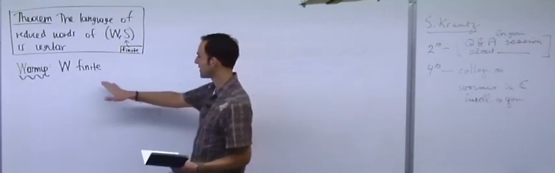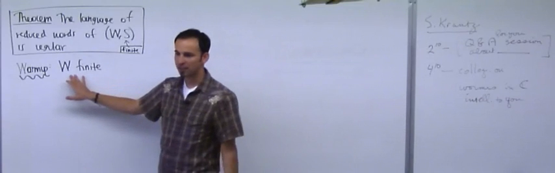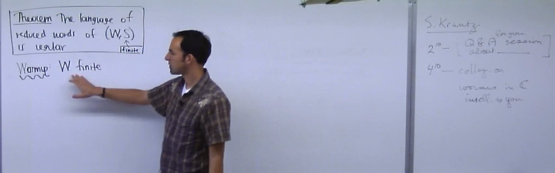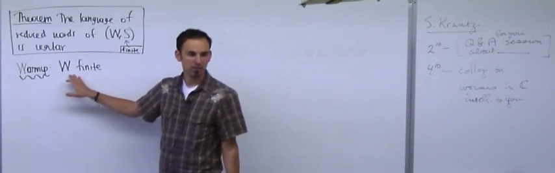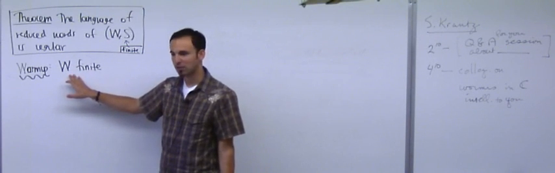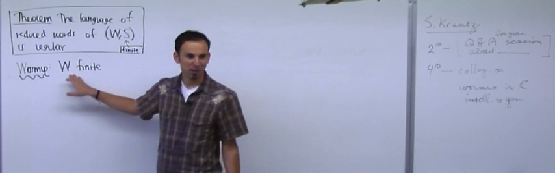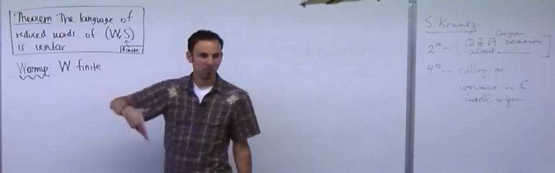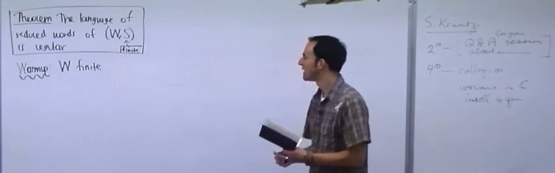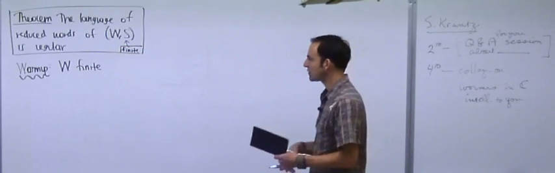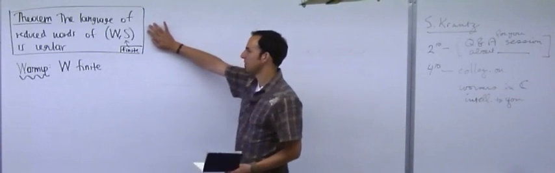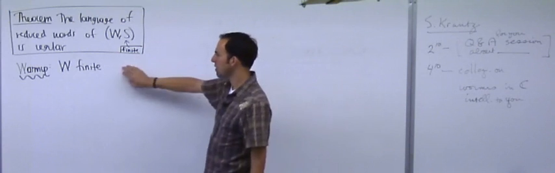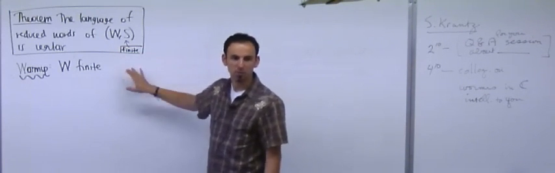Because if the group is finite, you can easily convince yourself that there's only finitely many words in this language. And if there's a language with finitely many words, I think you can build a graph that basically has those words as the walks. Okay. So this result is just trivial when W is finite. But anyway, I want to talk about it because I want to build a nice graph with this property.